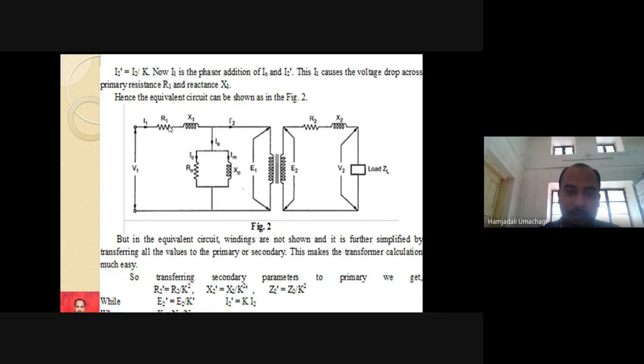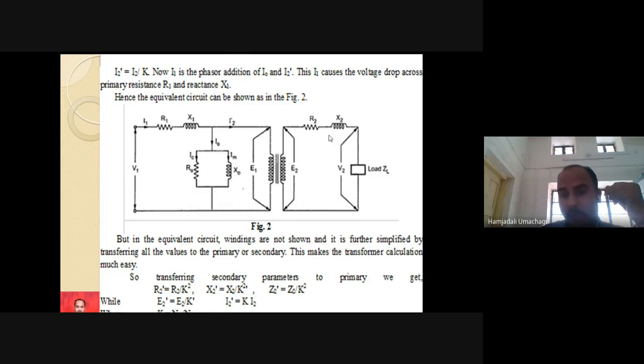In that case, R1 will become R1 dash, X1 will become X1 dash, I2 dash will become I2. This will be I0 dash, IC dash, R0 dash, IM dash, X0 dash, E1 dash, V1 dash, I1 dash. So if I move things from primary to secondary, it is the forward direction. Are you getting? From primary to secondary, it is a forward direction.